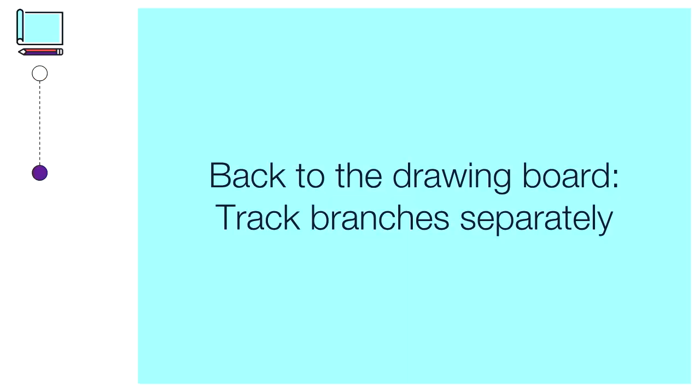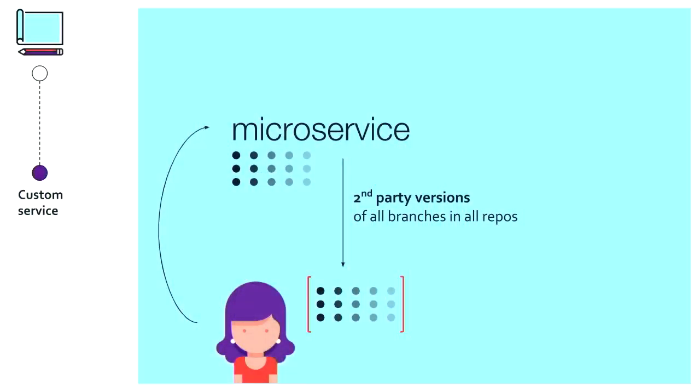OK, so we understood that we need to go back to the drawing board. And the key thing is to track branches separately, because we want to enable people to switch branches and to be able to know what's actually going on with what they're working on. So we said, you know what? Let's build a custom microservice. And that will just hold all of the versions, right?